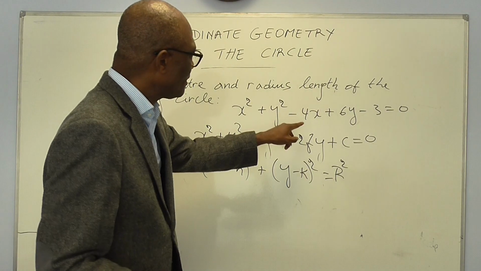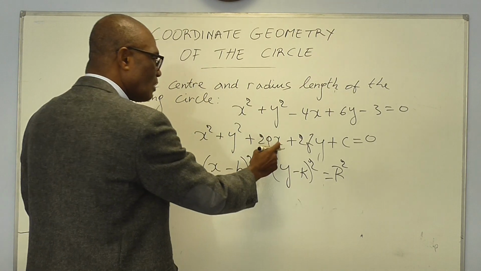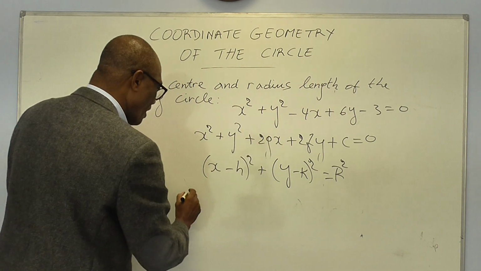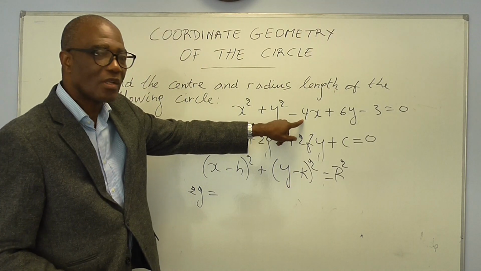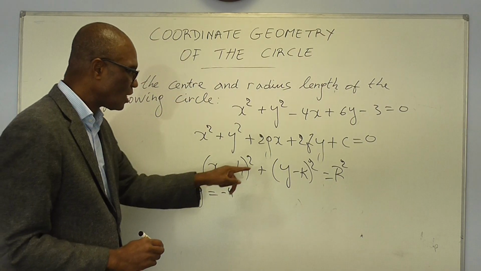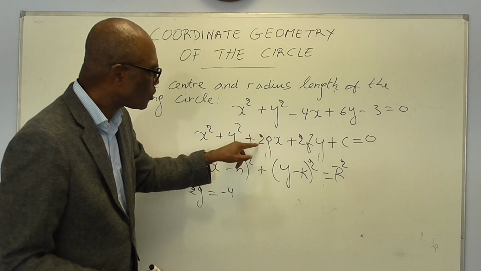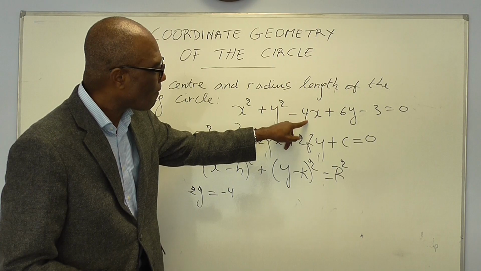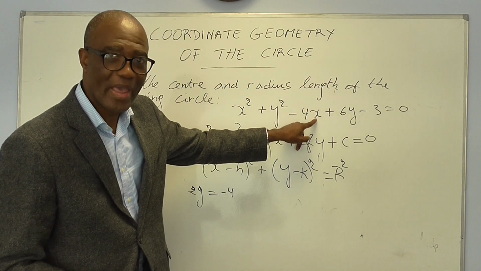To get it in that form, we see that according to the formula of the equation of the circle, we have 2g. And this corresponds to minus 4, because 2g is the coefficient of x, and over there minus 4 is the coefficient of x.